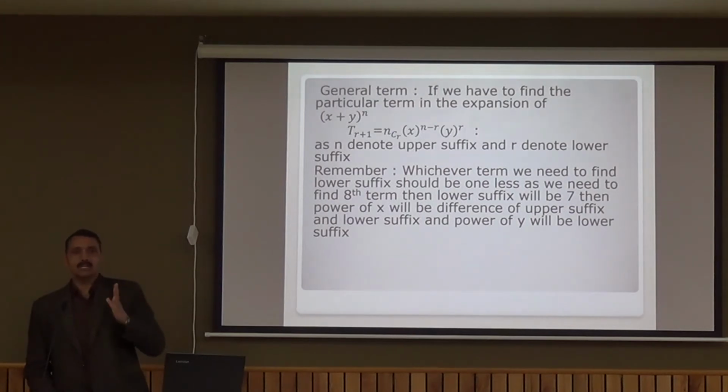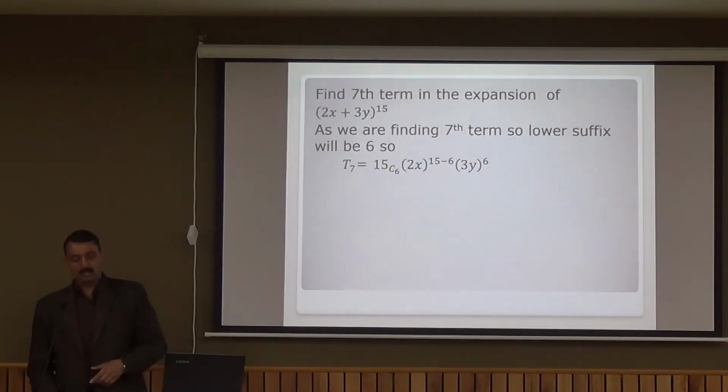Whichever term we need to find, the lower suffix should be one less. Suppose I give you an example. Suppose we have to find the 8th term. Then the lower suffix will be 7. Then the power of x will be the difference of the upper suffix and lower suffix, and the power of y will be the lower suffix.